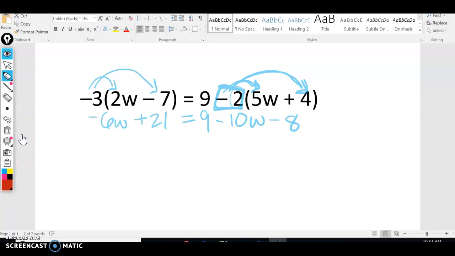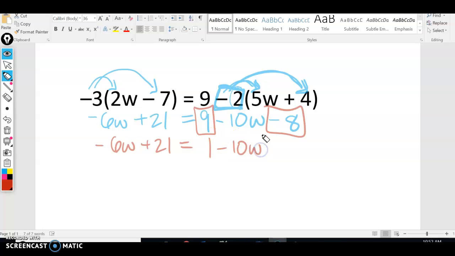Our next step is to combine like terms. There are no like terms on the left side to combine, but on the right side we have a 9 and a negative 8. Remember, look to the left of the number. That leaves us with 1, and we still have the negative 10w. The next step is to move variables to the left and constants to the right. I'm going to move my negative 10w to the other side by doing what's called the addition property of equality, meaning that I can add 10w to both sides.